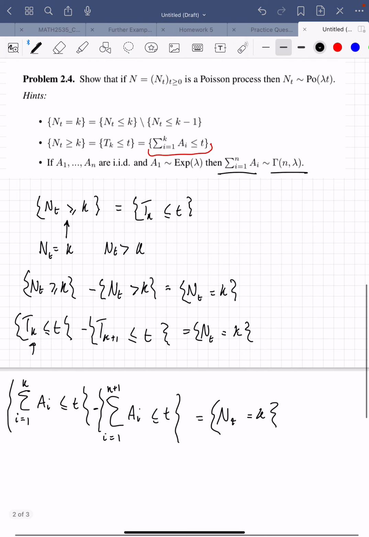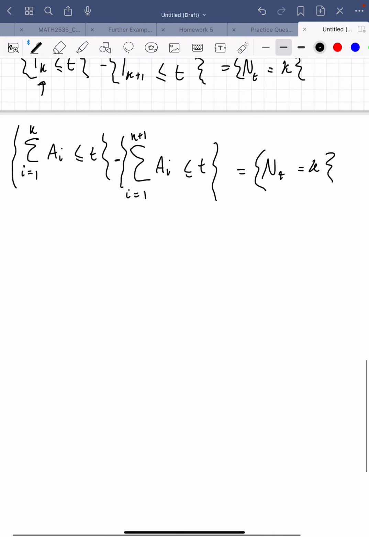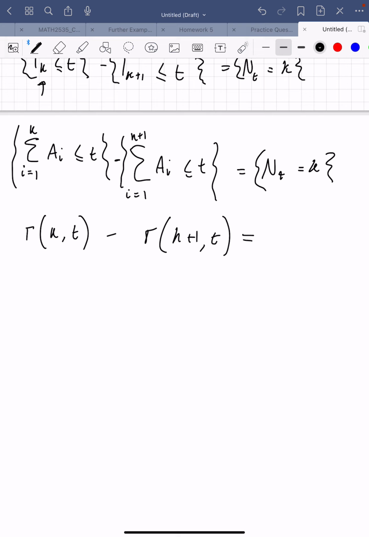So we know, using this, that the sum of such are distributed using a gamma distribution. Now our gamma distribution is found in our notes, and so we're basically saying that the gamma distribution of k given t minus the gamma distribution of k plus 1 given t is equal to this.